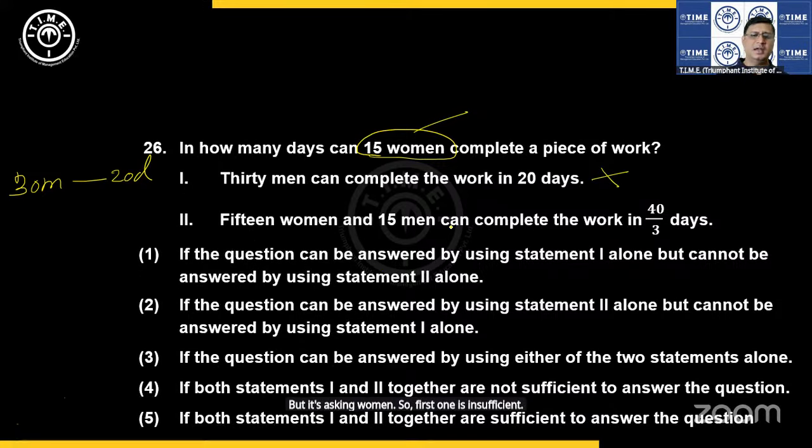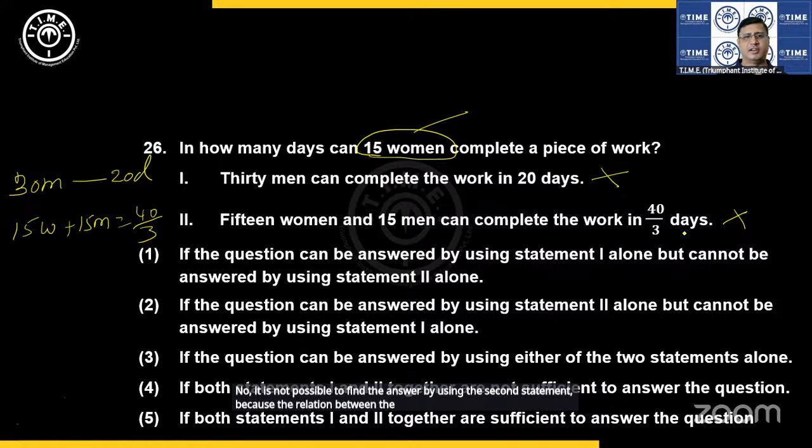Statement 2: 15 women and 15 men can complete the work in 40 by 3 days. No, it is not possible to find the answer using the second statement because the relation between the men and women is not given. We don't know the efficiency of men and women. So independently, these statements are insufficient to answer.